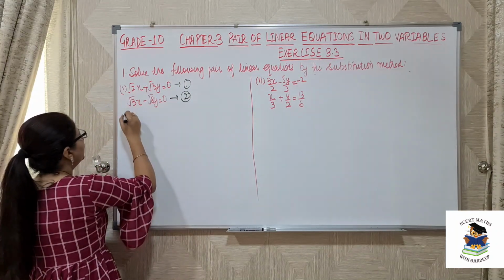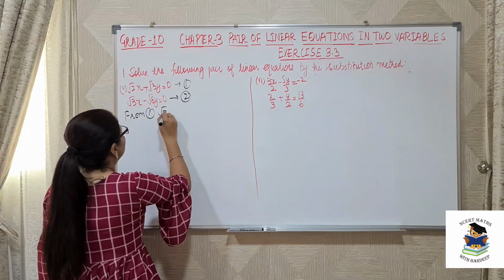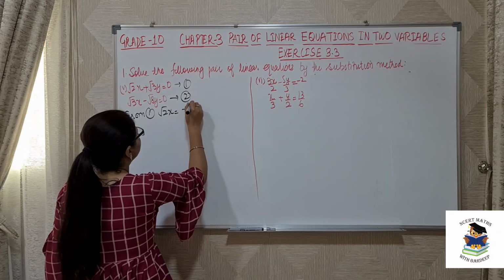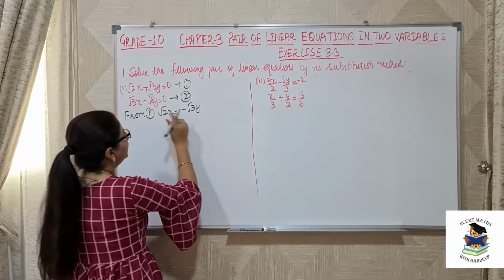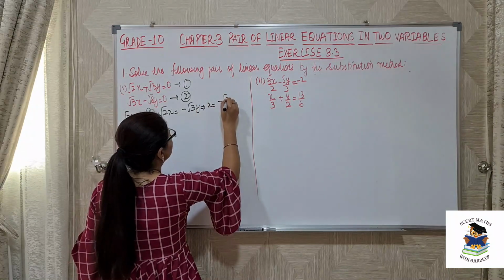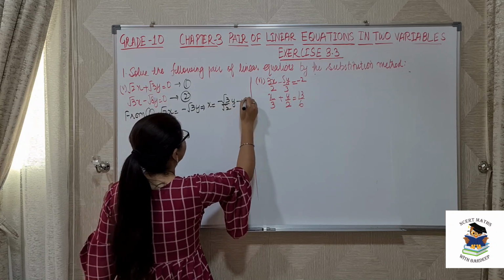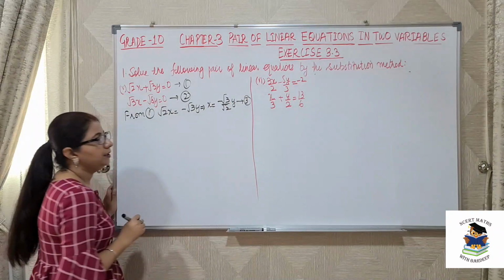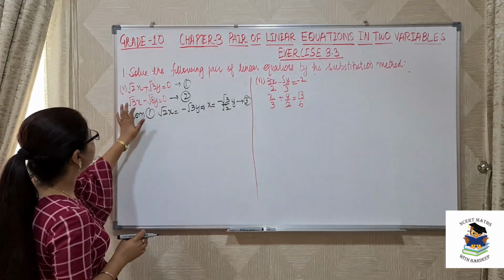Suppose I am taking this one from 1. Root 2 x is equal to minus root 3 y. And then what is x? This will be minus root 3 over root 2 times y. So let this equation be 3. Now put this value in the second equation.